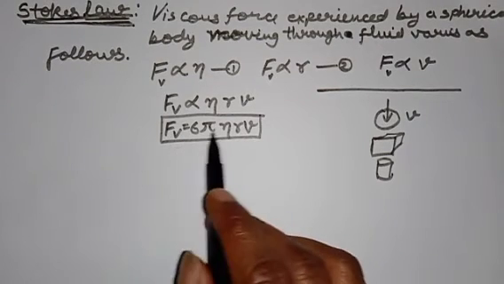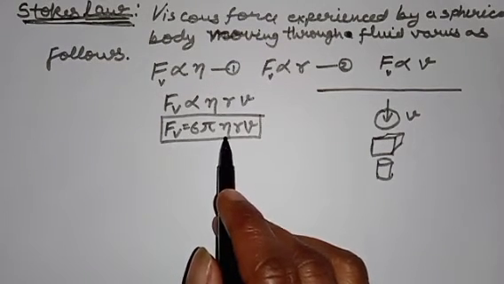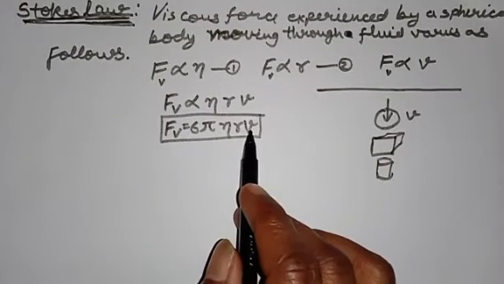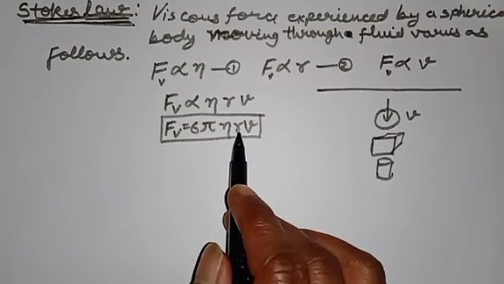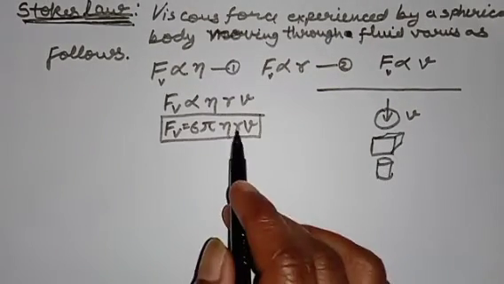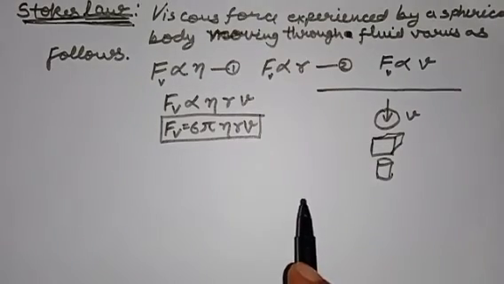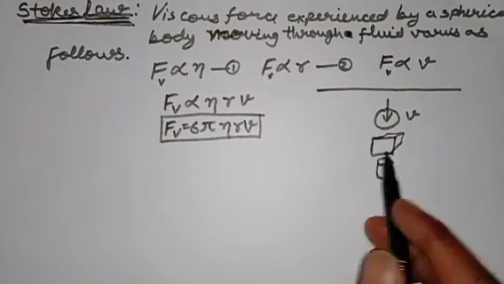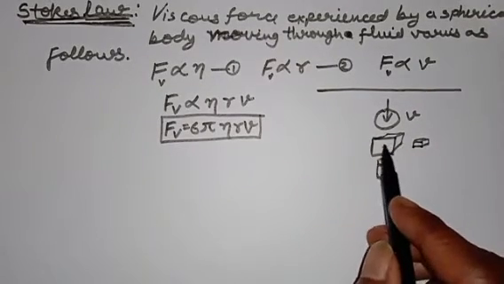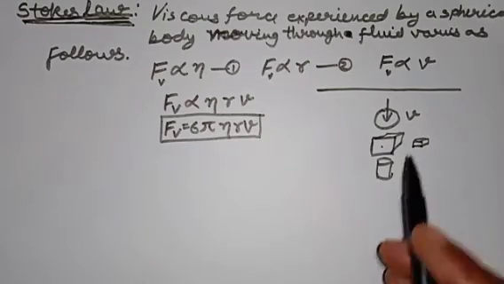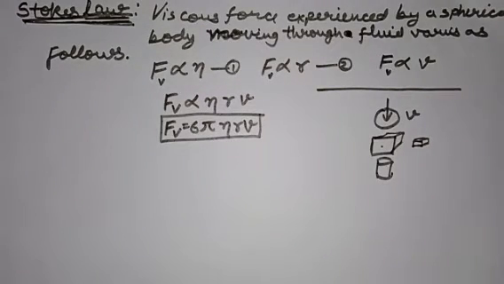Force will depend upon the coefficient of viscosity and the velocity of that object through that fluid, and if it is not a sphere, then maybe some factor of size will matter. Like if this is moving through a fluid, then obviously it will experience more viscous force. So for other objects we cannot compute exactly, but we can estimate the order of that force.